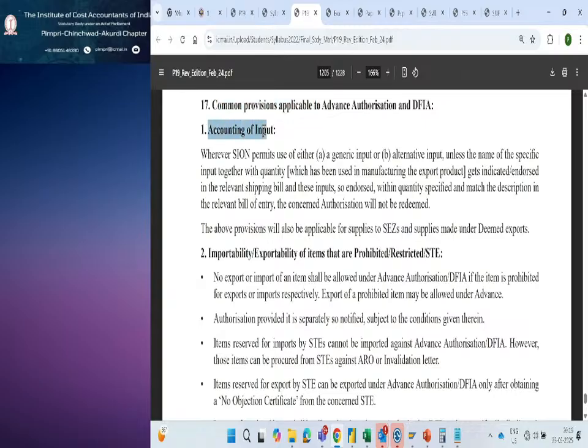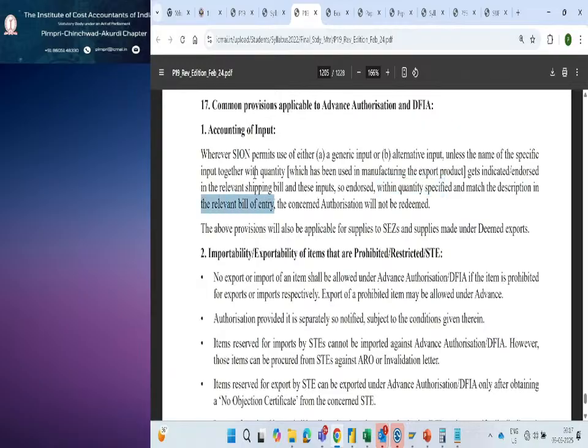Accounting of input. In the relevant shipping bill, the SION permits use of generic input and alternative input. So in the shipping bill, these inputs are endorsed within the quantity specified and match the descriptions in the bill of entry.